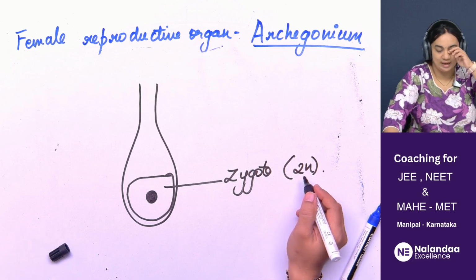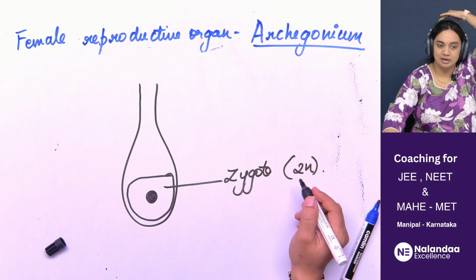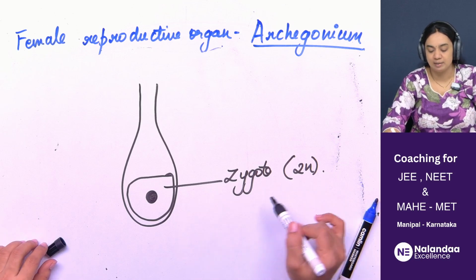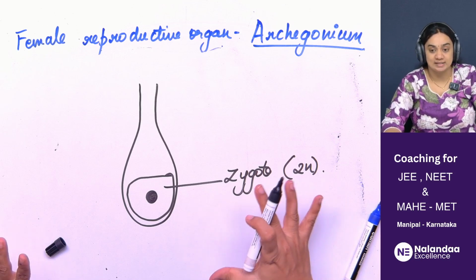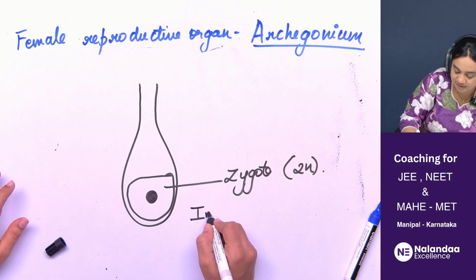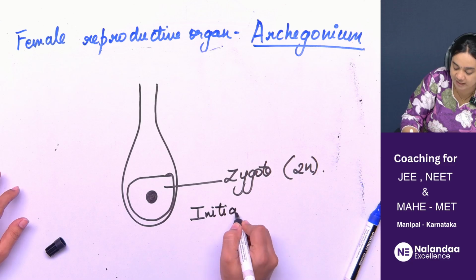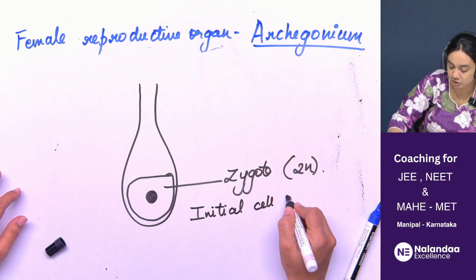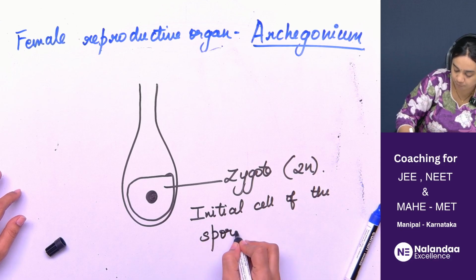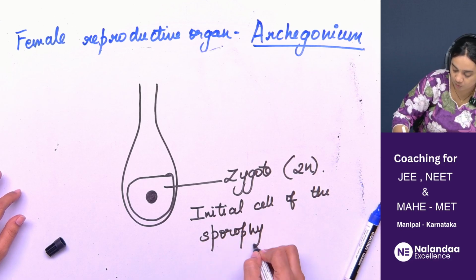Once the haploid male gamete and the haploid female gamete fuse by fertilization, it transforms itself into a diploid zygote. Now this zygote is the initial cell, or the first cell, of the sporophytic generation.